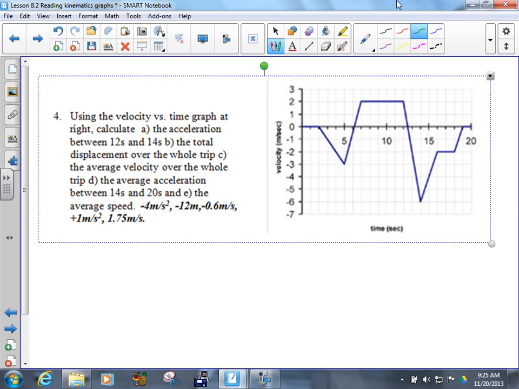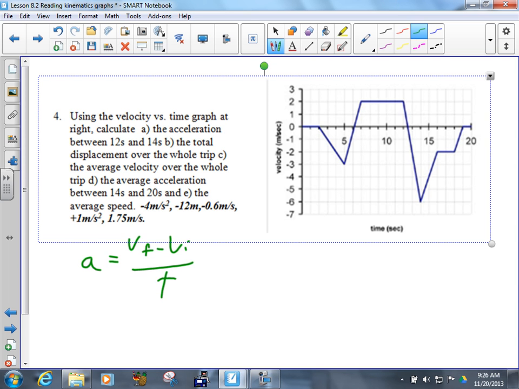In other words, it's the slope of these lines. The formula on the formula sheet shows that acceleration equals Vf minus Vi over t. That's essentially finding the slope of a line on this graph.